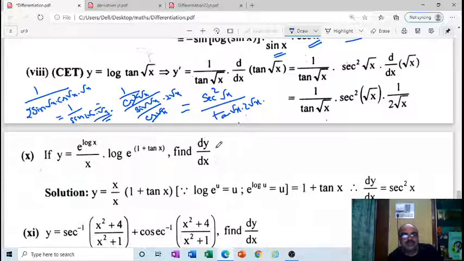You need to find dy by dx. Be careful, friends. The question is e power log x by x into log of e power 1 plus tan x, and you have to find dy by dx.